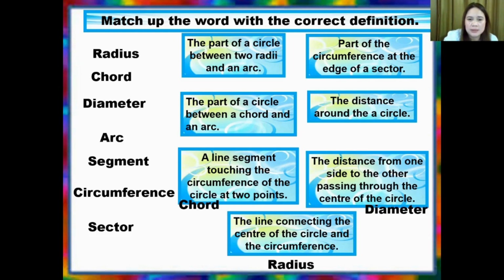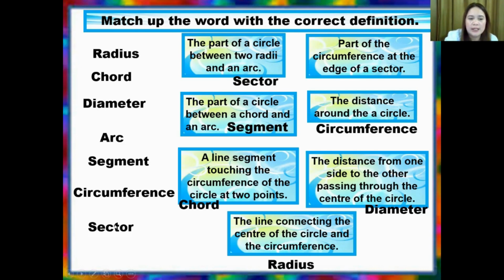Segment, it's a part of a circle between a chord and an arc. You have circumference, the distance around a circle, which is also called the perimeter of a circle. Then we have sector, the part of a circle between two radii and an arc.